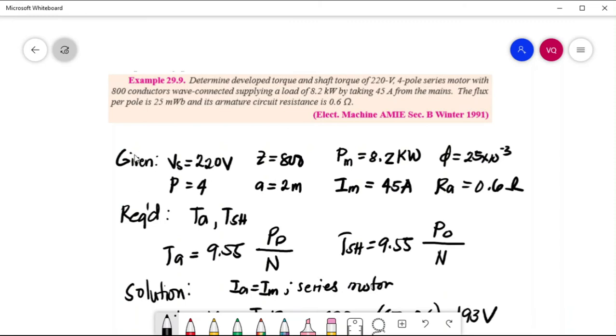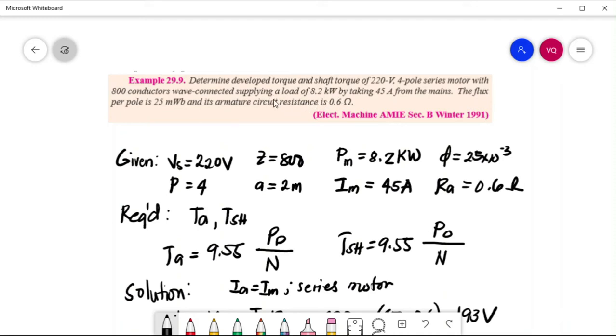So we have the given parameters listed here. Our source voltage is 220, number of poles is 4, number of conductors is 800. The parallel path is wave, so 2m. The output power consumed by the motor is 8,200 watts.